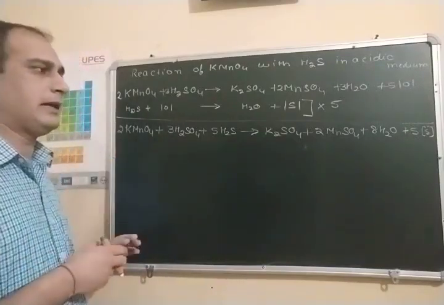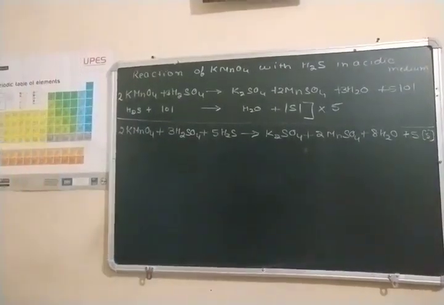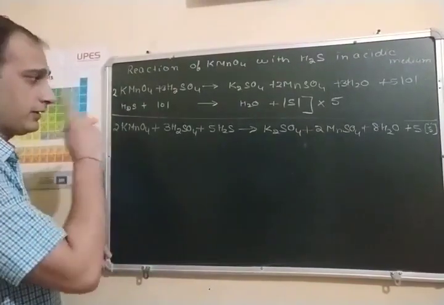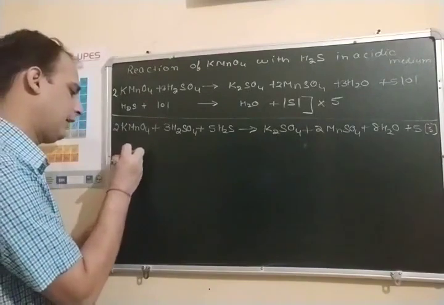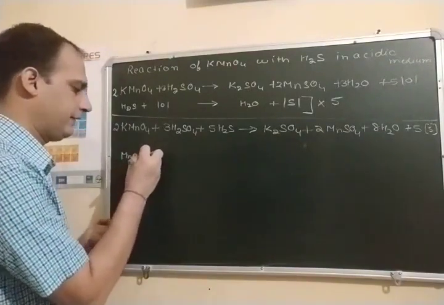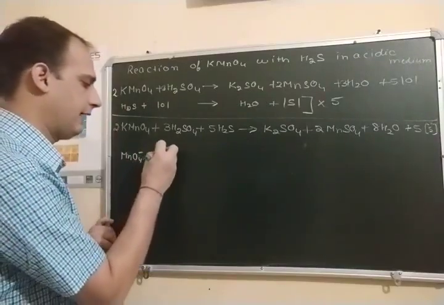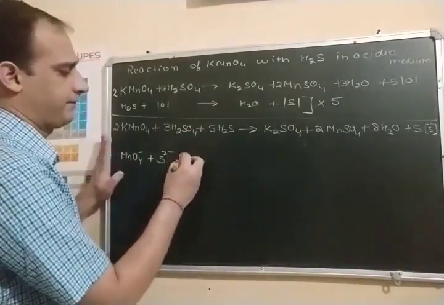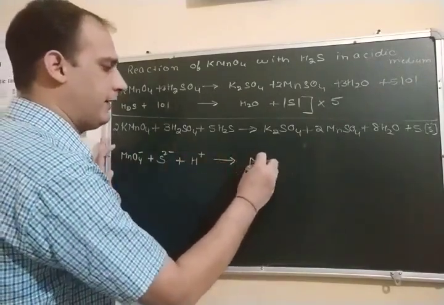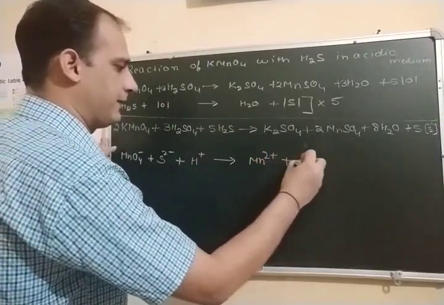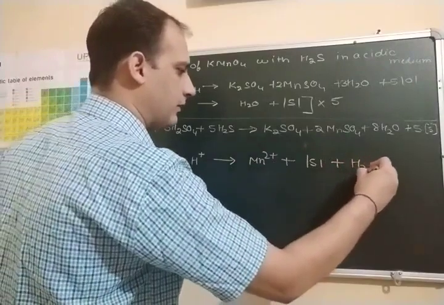And as far as the ionic equation is concerned, we can write the ionic equation also. So for the ionic equation, what we have to do? MnO4 negative plus, from hydrogen sulfide we will have sulfide ion S2 negative plus H positive, it will form Mn2 positive plus sulfur along with formation of water.